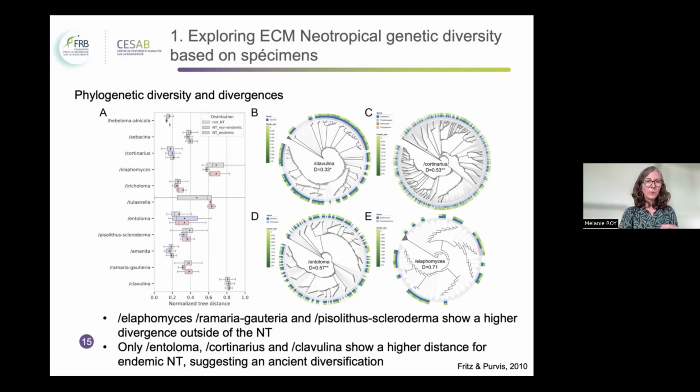In general, only a few clades showed a really high divergence within their phylogenies. So maybe we did not have so many lineages rooting in the neotropics, but we still have some higher distance for endemic species, at least for Cortinarius and Clavulina. Those may have radiated, suggesting an ancient diversification, but only those two among 80.